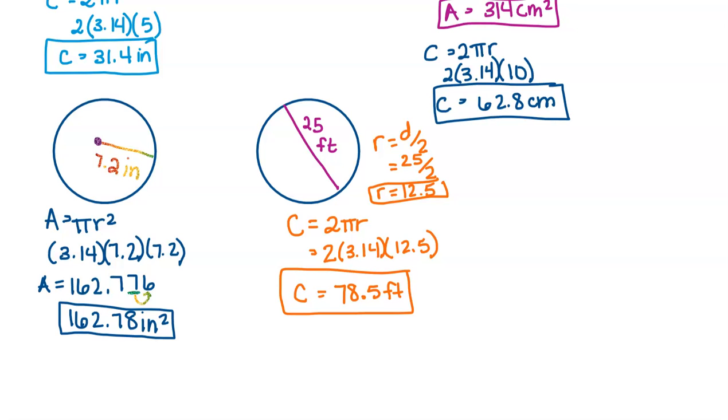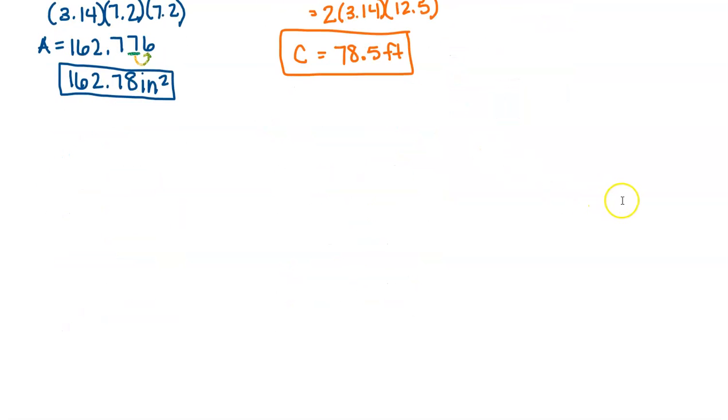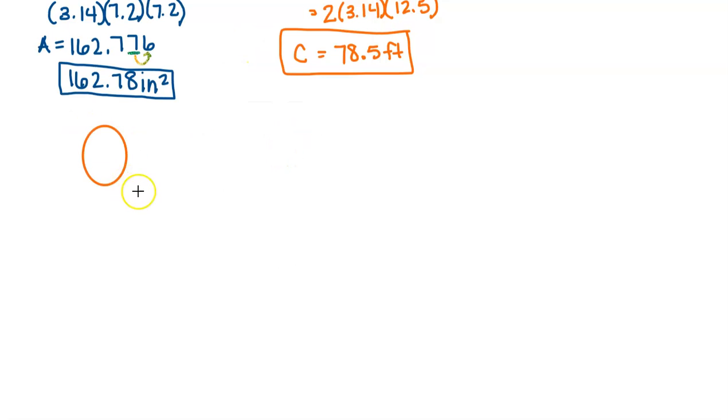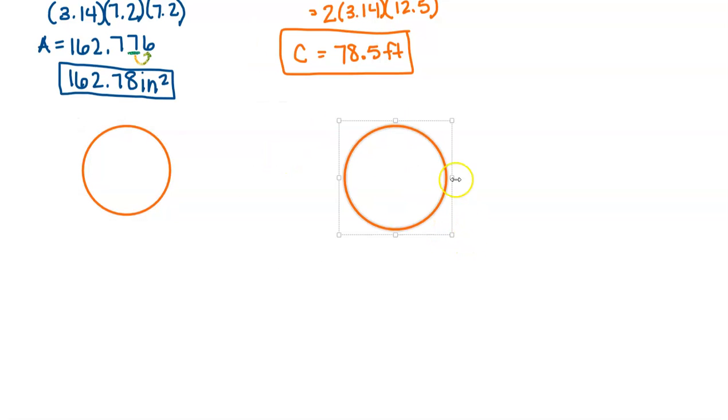Okay, I'm going to give you 2 to try. Let's draw this out first. Here's my one circle. Here's my other circle. Let's say we're going to have, oh, it's supposed to go all the way across. Sorry about that. 13 feet here.